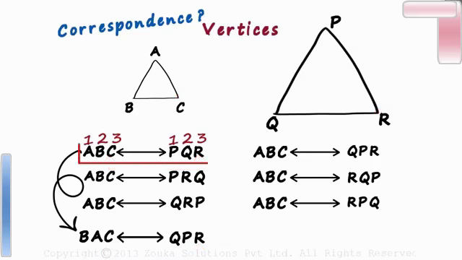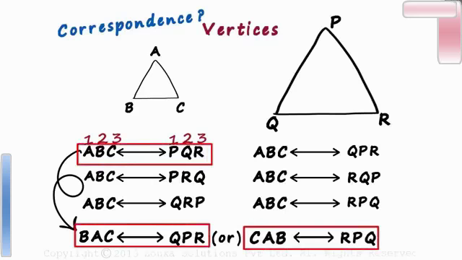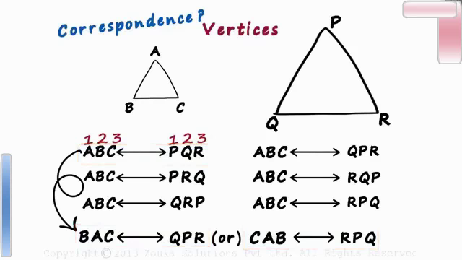The first case of correspondence can also be written as CAB corresponds to RPQ. Remember, these 3 correspondence cases are not different from each other. We are just writing them differently. So depending on how we are comparing the triangles, we choose a particular correspondence.